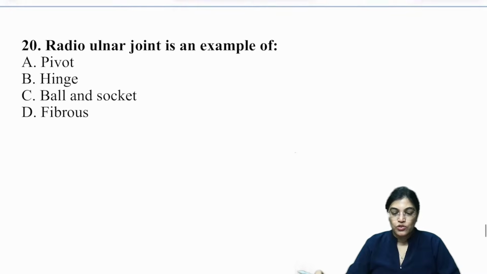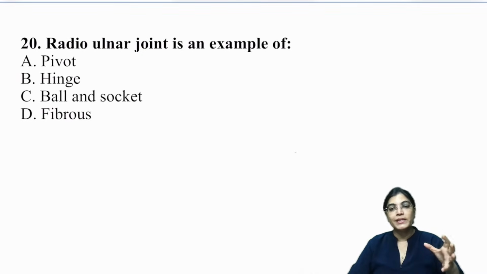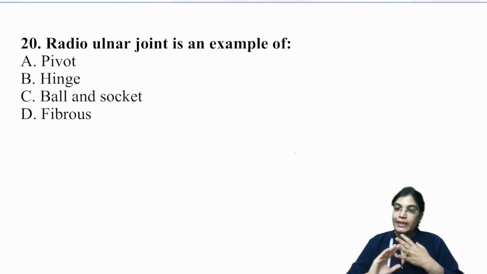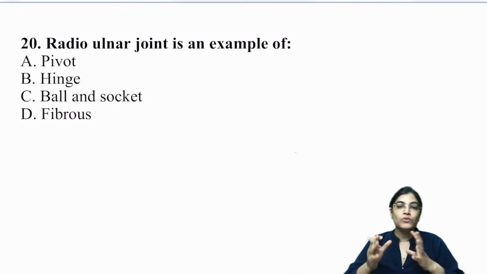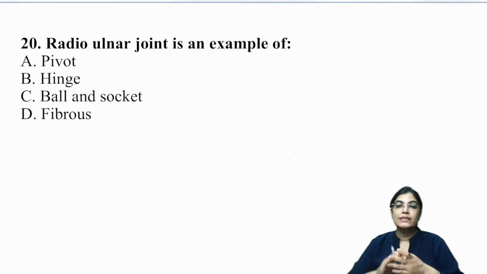Now, radio-ulnar joint is an example. I also want everybody to know about general anatomy: different types of joints and examples. You have to know an example of cartilaginous joint, synovial joint and fibrous joint. Synovial joints are diarthrosis joints, quite mobile. You have to know examples of ball and socket, that is the hip joint and the shoulder joint, also the incudostapedial articulation.